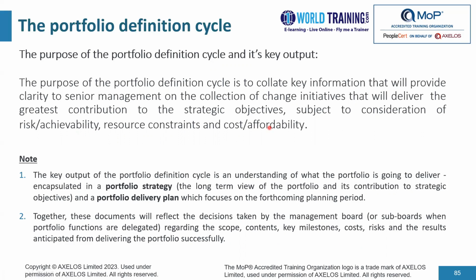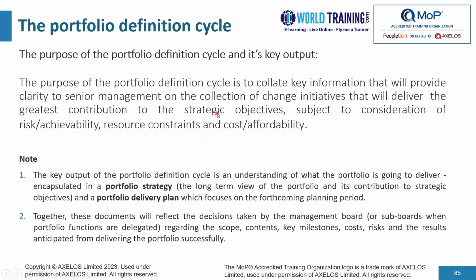Some of the key ideas in this particular definition include this particular cycle is all about obtaining key information about the various projects and programs within a particular portfolio and making sure that these projects and programs contribute to the strategic objectives.